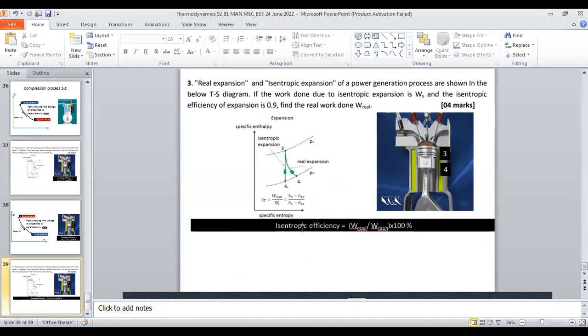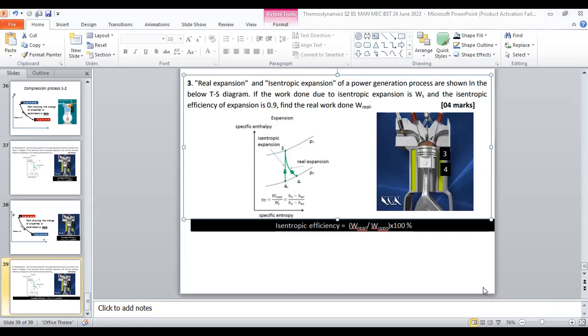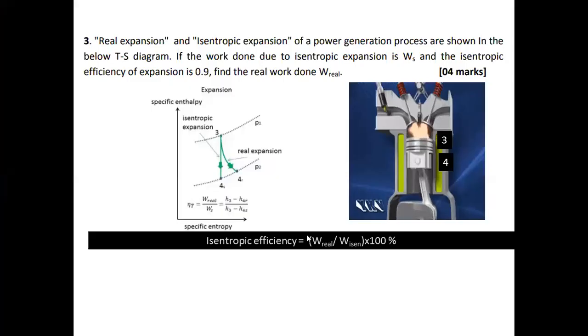This is the one, isentropic efficiency. Here you can see real expansion: less work. Ideal one is more work done, actual one is less. That's why W real divided by W isentropic.